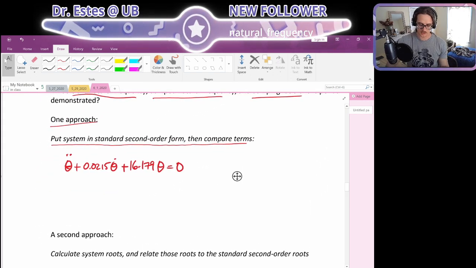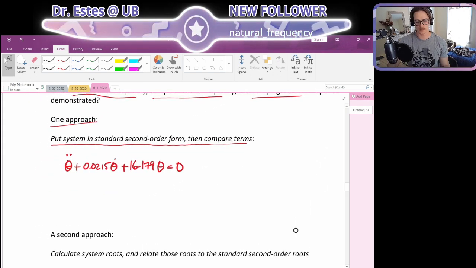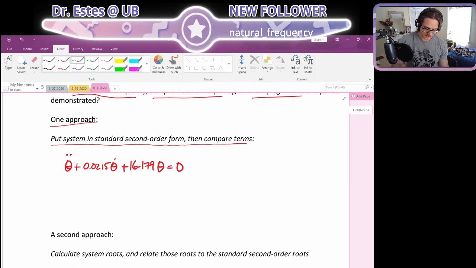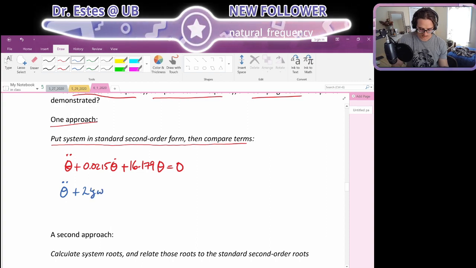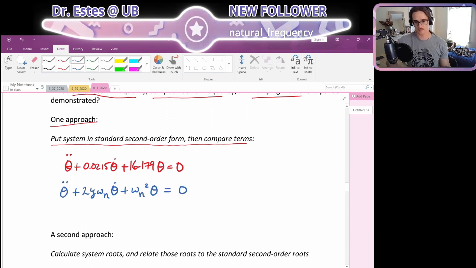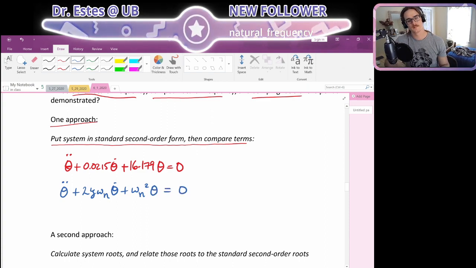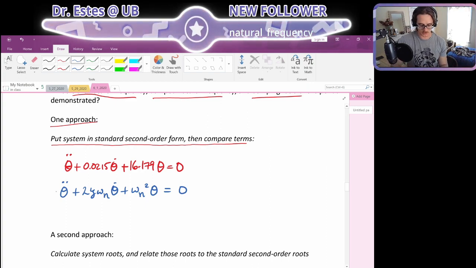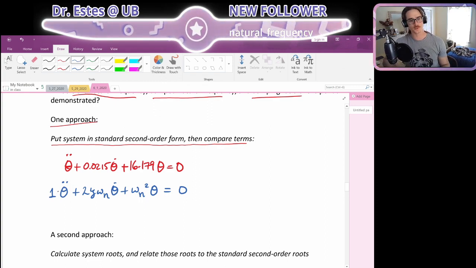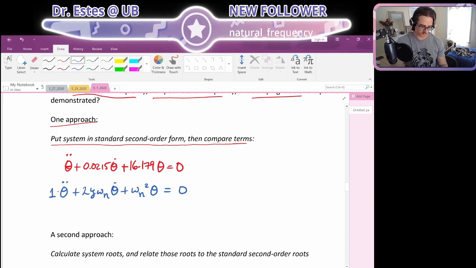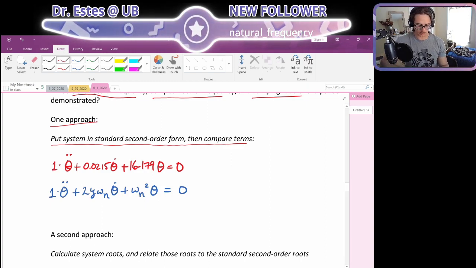This is already in the standard second order form because the standard second order form is this: theta double dot plus 2 zeta omega n theta dot plus omega n squared theta equals 0. So basically putting it in the standard second order form just means make sure that there's a coefficient of 1 in front of that second order term. And we've done that here.